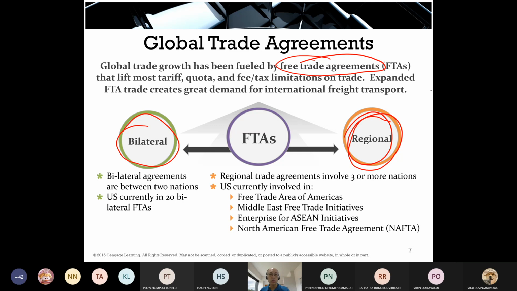You can ride the train between Belgium and the Netherlands without any border at all. No one will check your passport. No one will check your luggage, whether you have anything to import or declare or not. No border at all. That is the ultimate goal of a regional FTA, and the EU has done that.